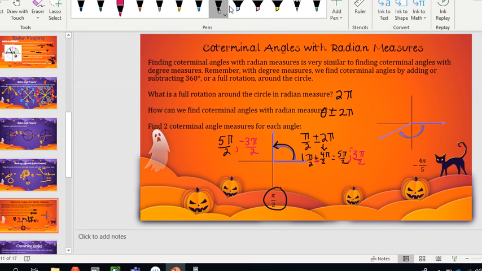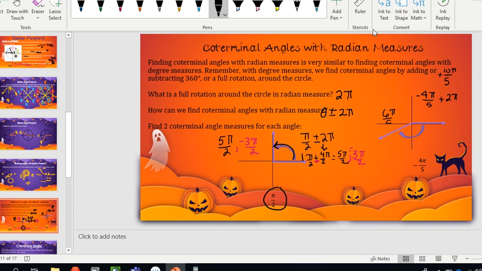So in the last one, you've got negative 4 pi over 5 plus 2 pi. Now think about this. 2 pi, I need it in fifths, so I need to double that. That would be 10 pi over 5, right? That reduces down to 2 pi. So negative 4 plus 10 pi is going to give you 6 pi over 5.